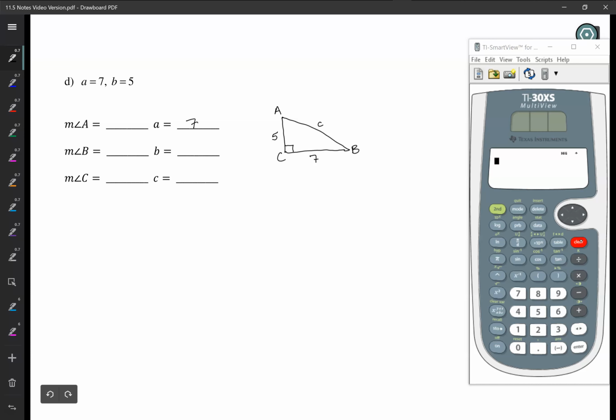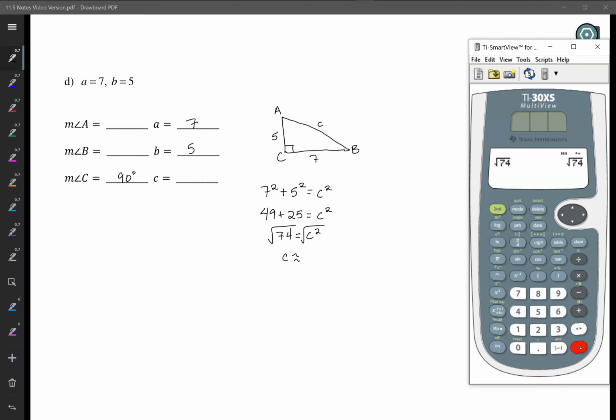So A was 7, B was 5, and the measure of angle C is 90 degrees. So we want to find the hypotenuse, so leg squared plus leg squared equals hypotenuse squared. It's 49 plus 25 equals C squared. And that's 74 equals C squared. C is about 8.6.